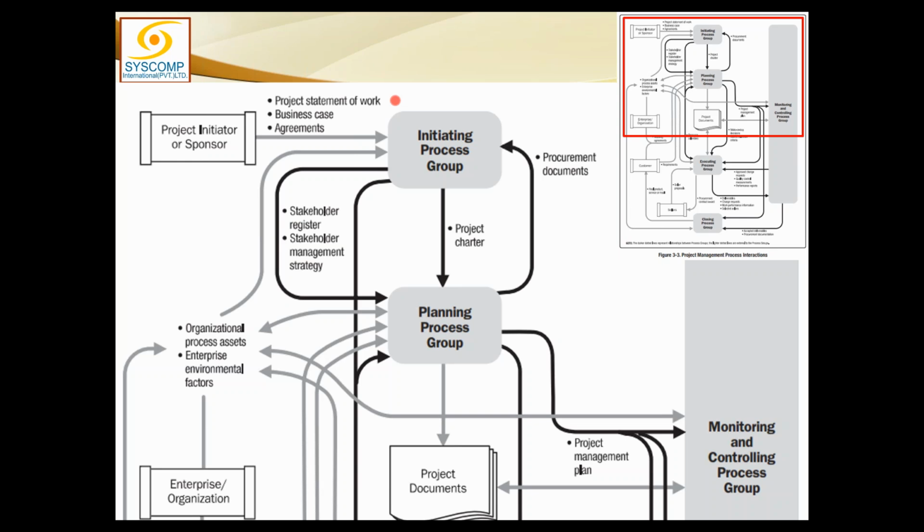And when he decided that, the very first thing he must have done is to have created the statement of work. In absence of a statement of work, it is impossible to create further documentation like request for proposals, RFQs, RFPs, and so on and so forth. All those documents, this is the base document for them. Without existence of a statement of work, those documents could not have been created.